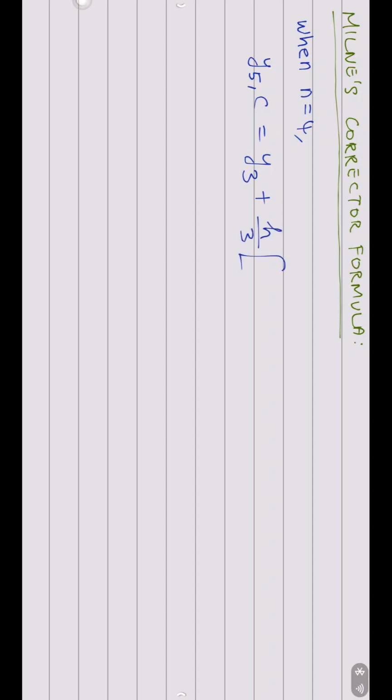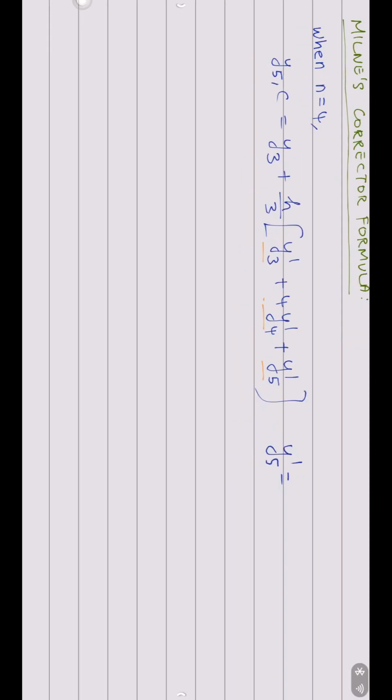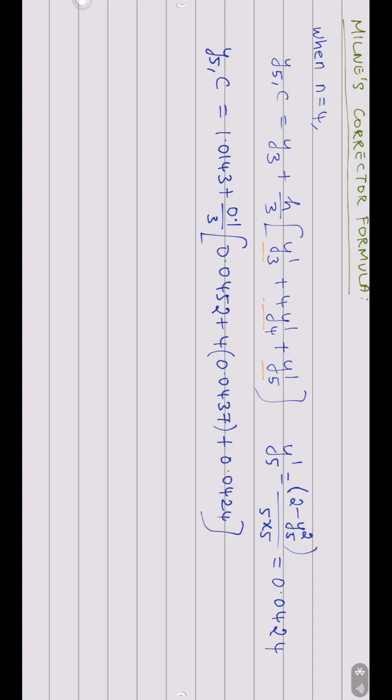Once we find the predicted value, we try to recorrect this using Milne's corrector formula. Substituting n equal to 4 in Milne's corrector formula, we get y5, c equal to y3 plus h by 3 times y3 dash plus 4 y4 dash plus y5 dash. In this formula, we already know y3, y3 dash and y4 dash. To find y5 dash, we take y5 dash equal to 2 minus y5 square, the whole divided by 5x5.